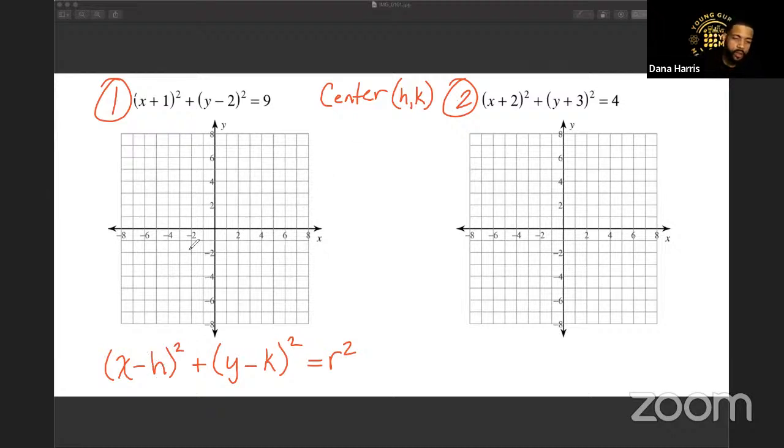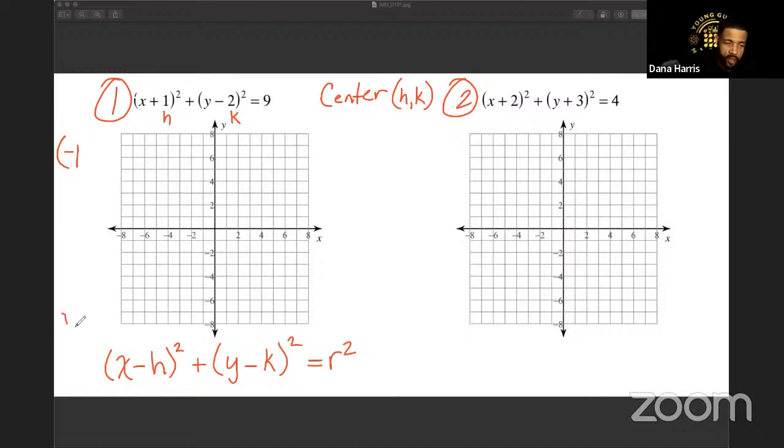So here, looking at this equation for number 1, so if I have x minus h squared, that's h, and that's k. Now, here's the difference. Notice this formula says subtraction for h and k, but this has x plus 1. So that means h is actually going to be -1 because x minus -1.